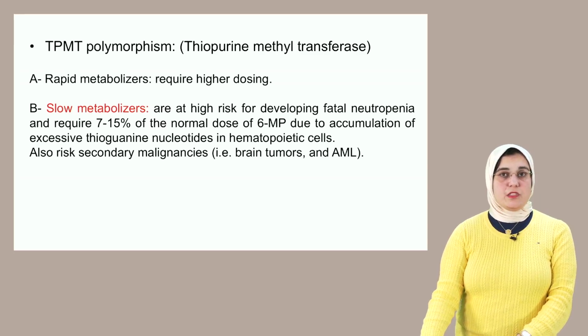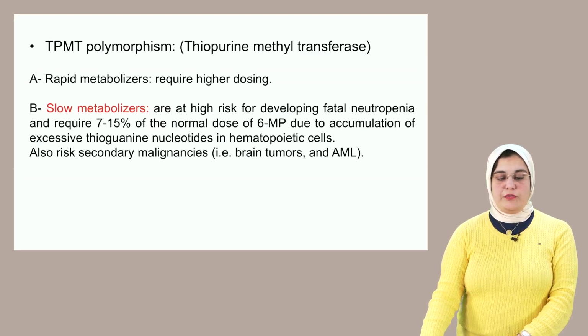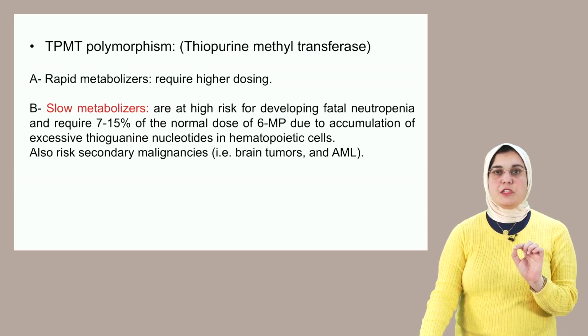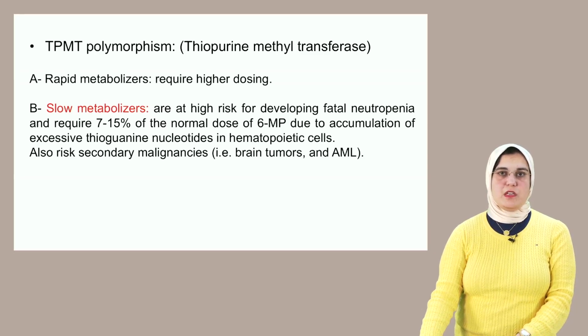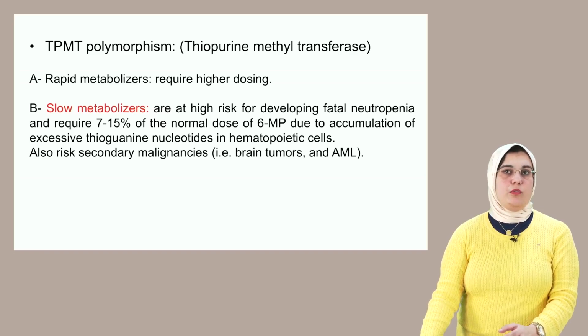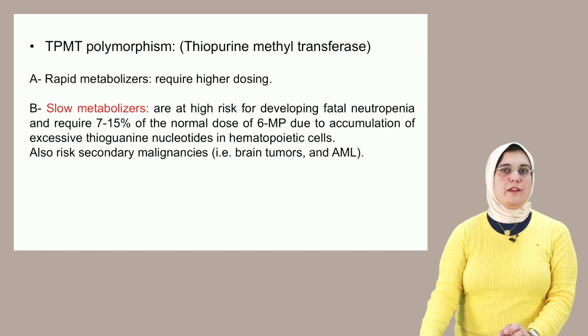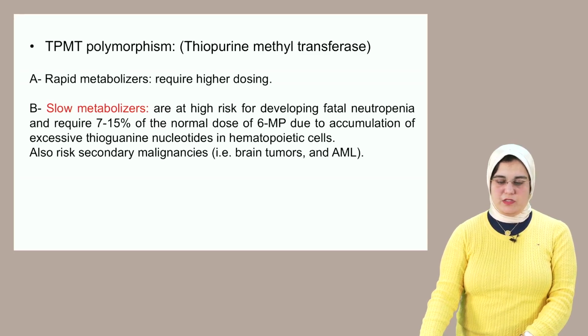So in patients who have a slow-metabolizing TPMT polymorphism, we should only give up to 15% of the normal dose we used to give to other patients. For example, if we give 100 milligrams of this drug, we should only give 15 milligrams of this drug.